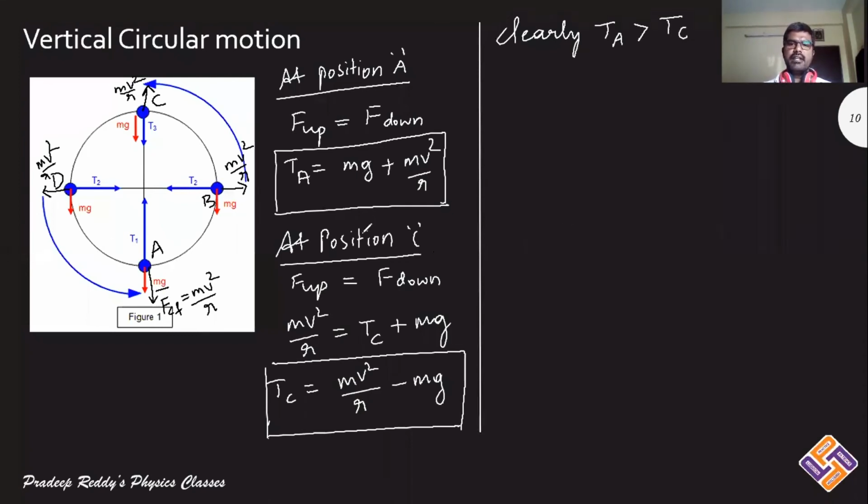Tension at A is greater than tension at C because the direction of centrifugal force and the direction of acceleration due to gravity are different at position A and position C. That's the reason why tension at position A is greater than that of tension at position C.